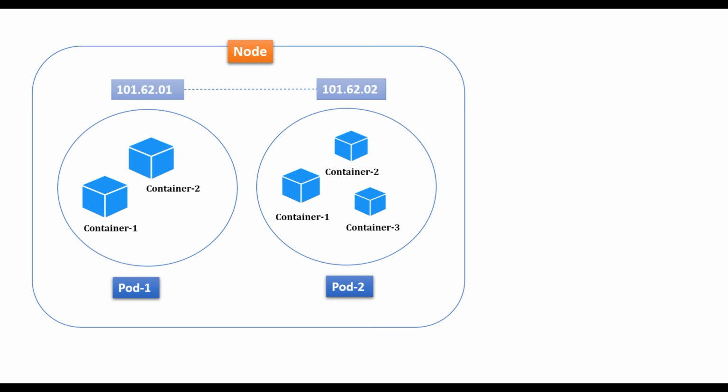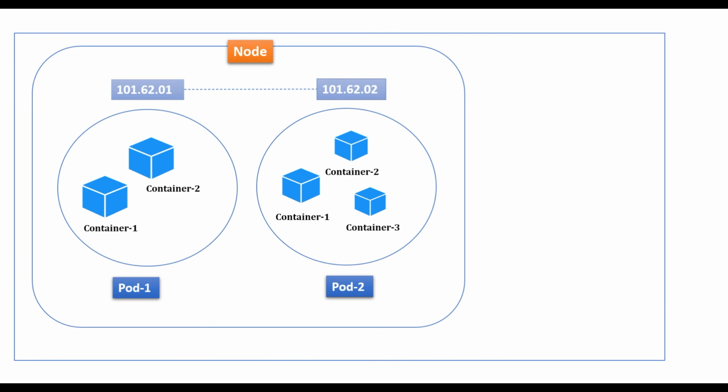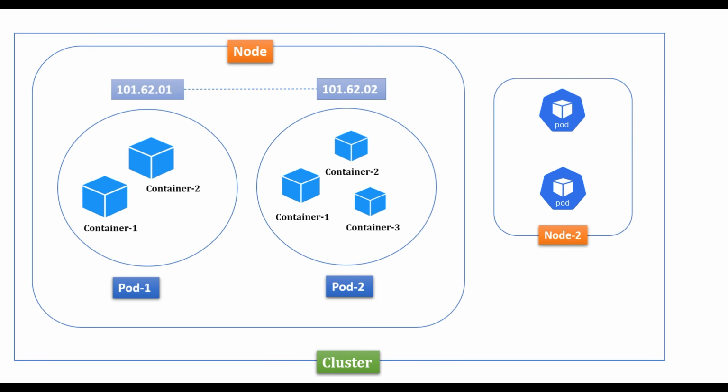Okay, now again multiple nodes are wrapped into another physical unit, that is called a cluster. So a cluster can have either a single node or multiple nodes. Okay, Kubernetes clusters are comprised of one master node and a number of worker nodes. These nodes can either be physical computers or virtual machines depending on the cluster you created.